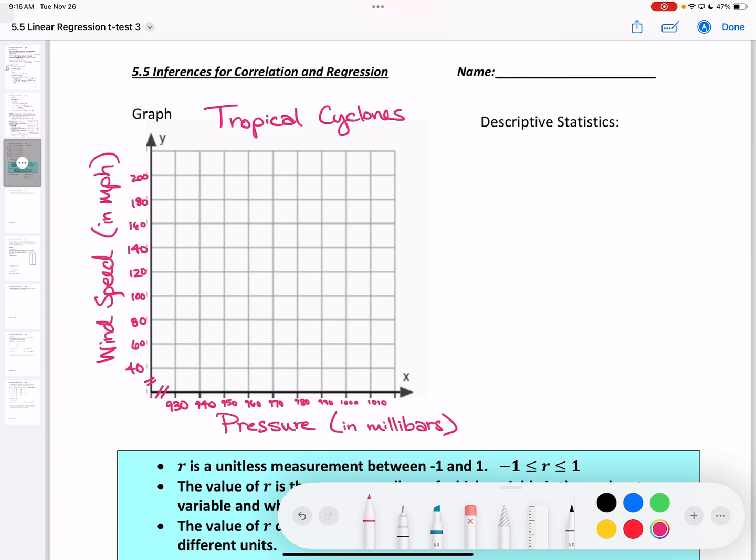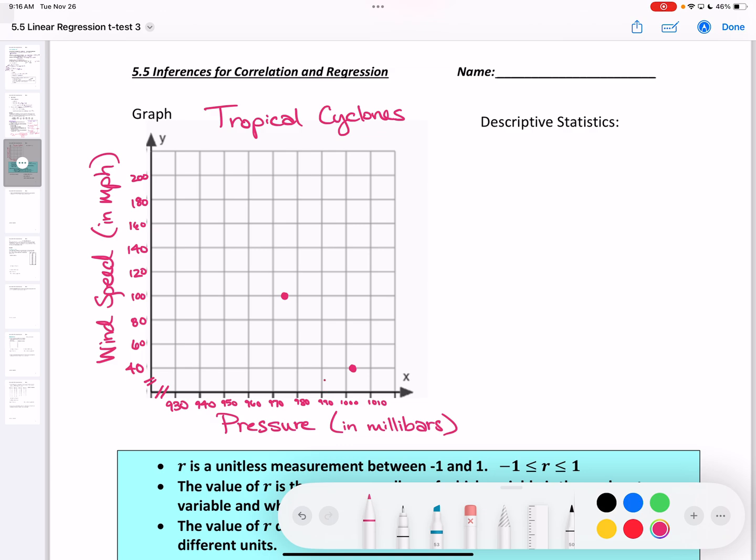And then you just plot your points, okay? So the first point is 1,004. So I'm going to go all the way out here past 1,000 and then up to 40. The next point was 975, which would be halfway between 970 and 980. And then 100. So I'm going to go right in the middle, right there, on 100. Then 992, 65.